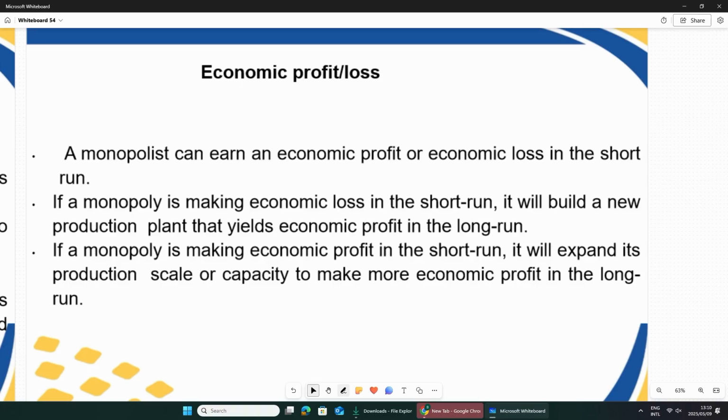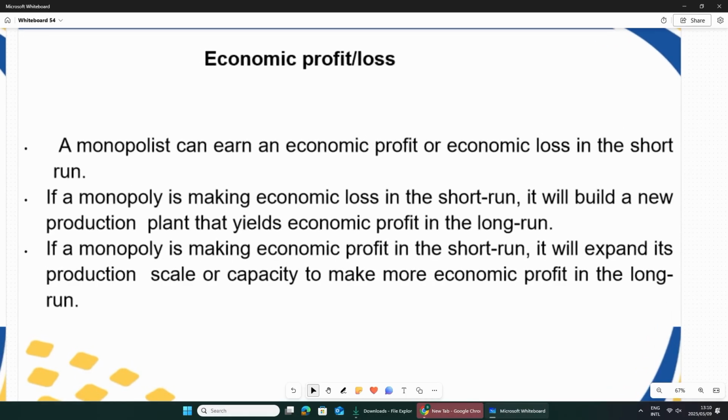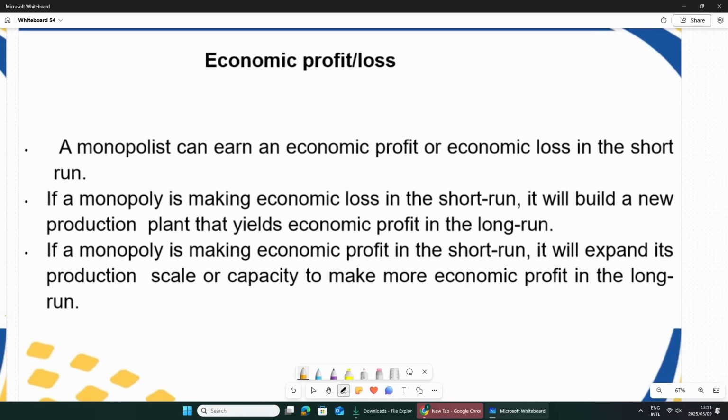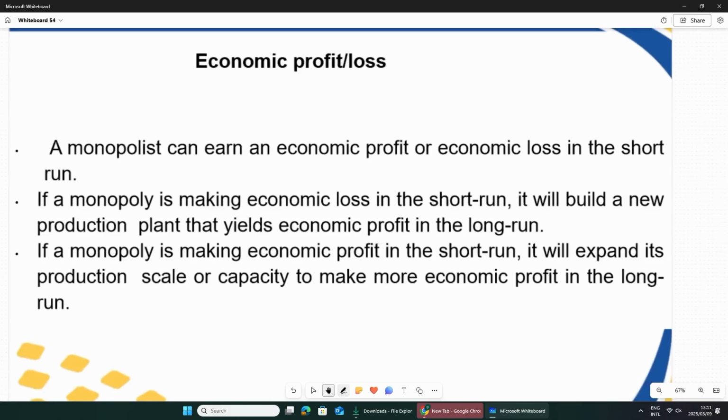So if a monopolist was making an economic loss in the short run, in the long run, it will adjust its plant. It is going to increase production and yield more economic profit in the long run. So it will have to adjust its plant until it can make an economic profit in the long run.